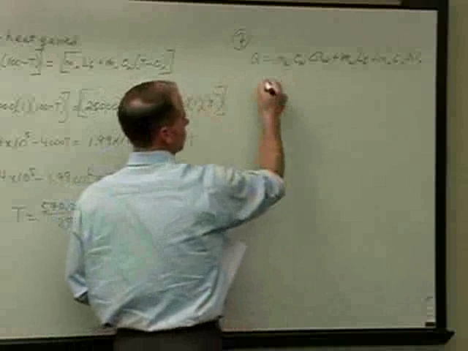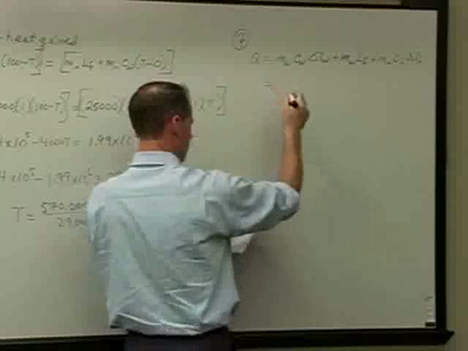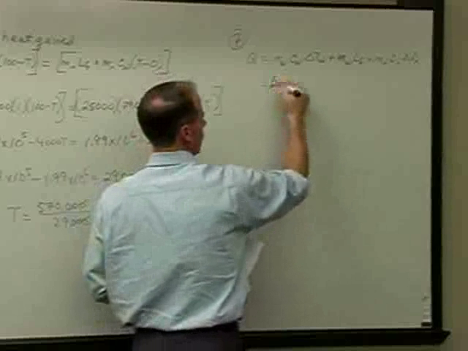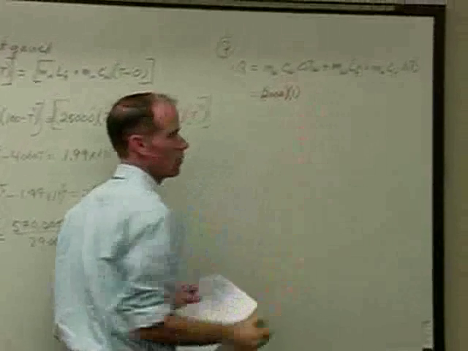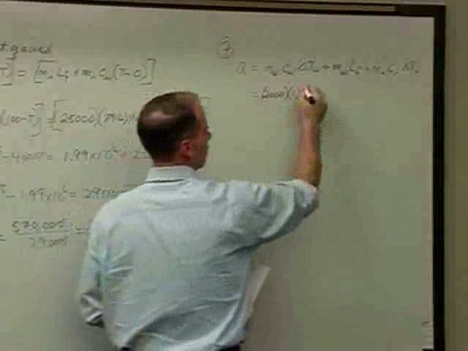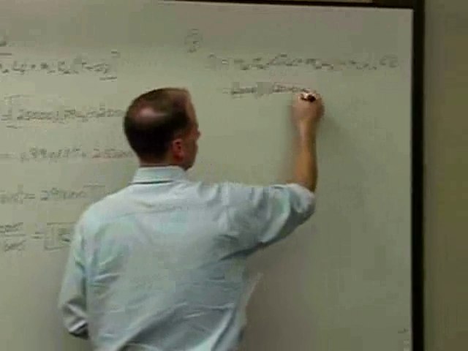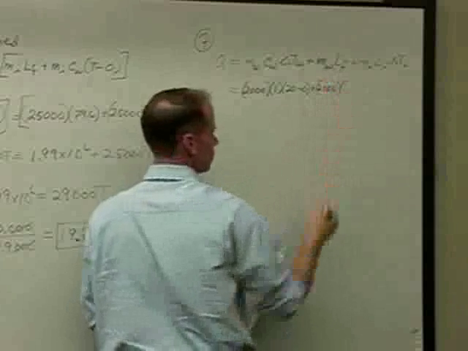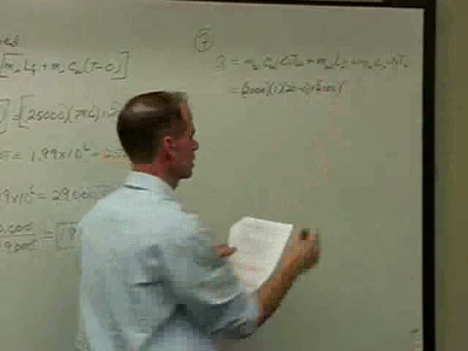So these numbers will be the mass of the water, which was 2 kilograms. Specific heat of water is 1. We're going to go from 20 down to 0. We have the mass of the water again. Latent heat of fusion is 79.6.